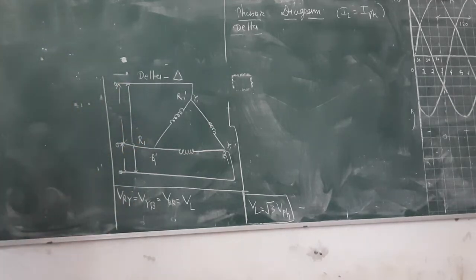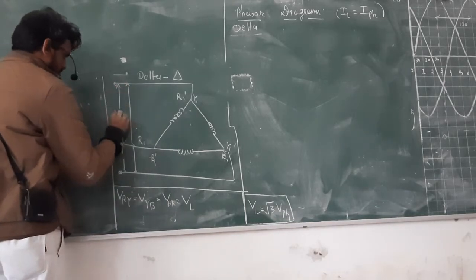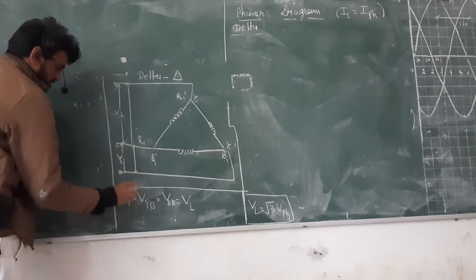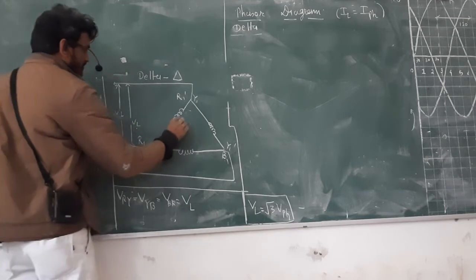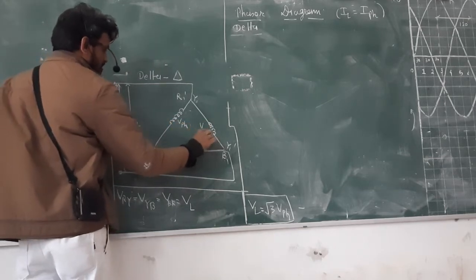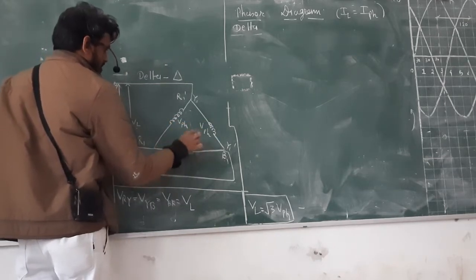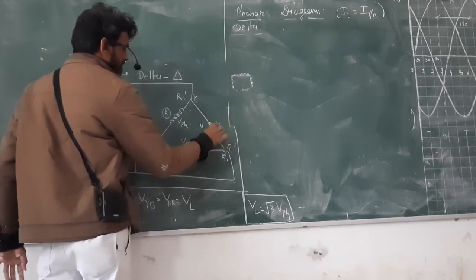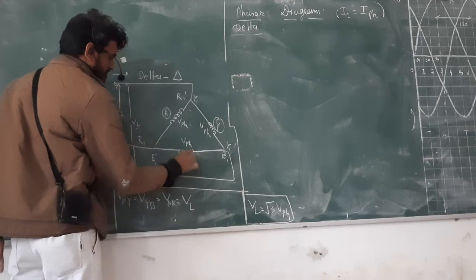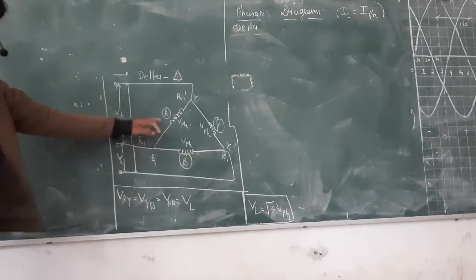This is my line voltage. This is also line voltage. This is also a line voltage. This is phase voltage, phase voltage, phase voltage. This is the R winding, this is the Y winding, this is the B winding.